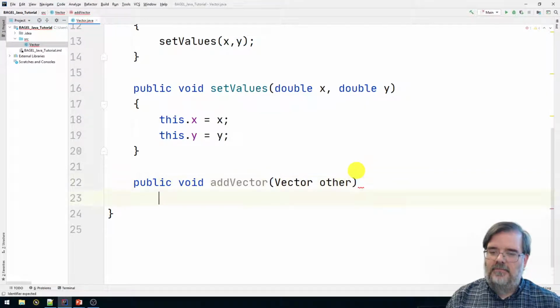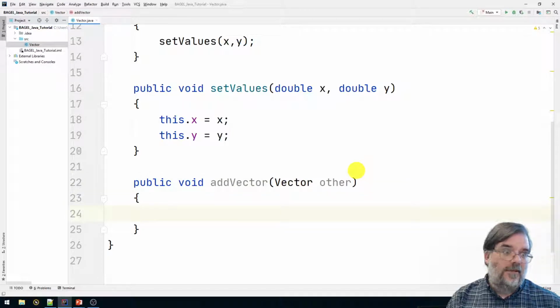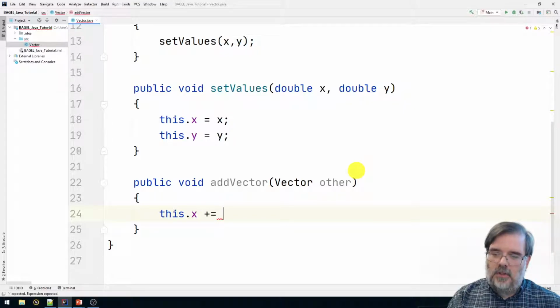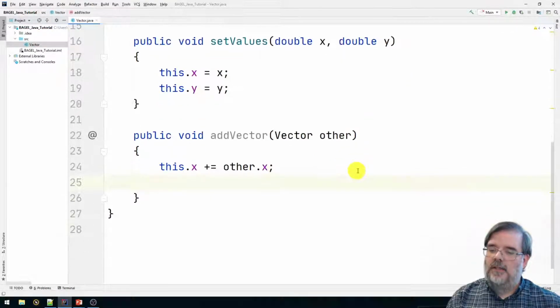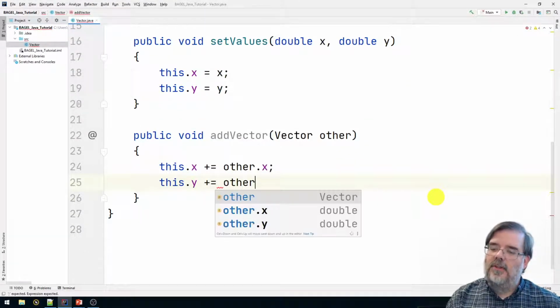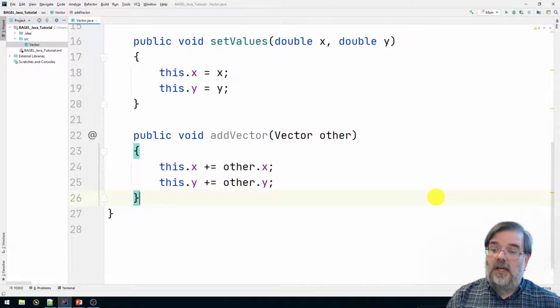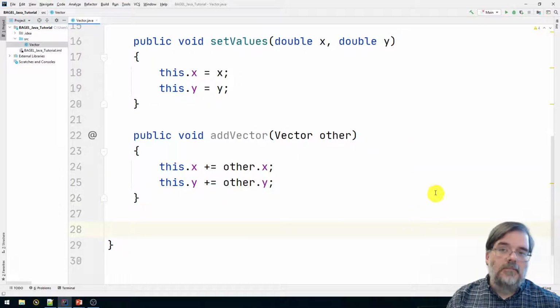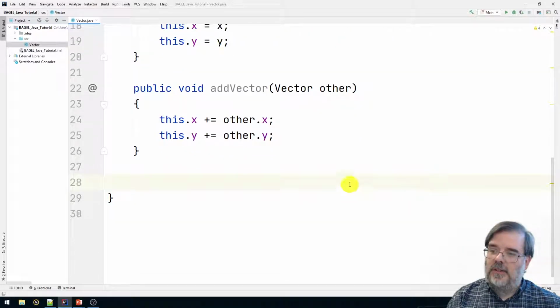So maybe the other vector is called other. We'll take this.x and we'll add the other vector's x. Similarly, we'd like to add something to y. So this.y plus equals other.y. That'll allow us to add another vector to this one.